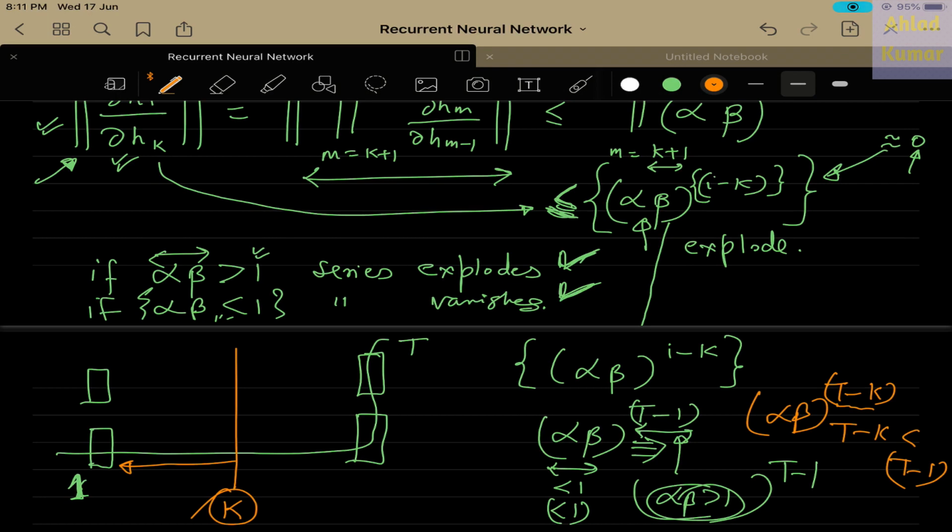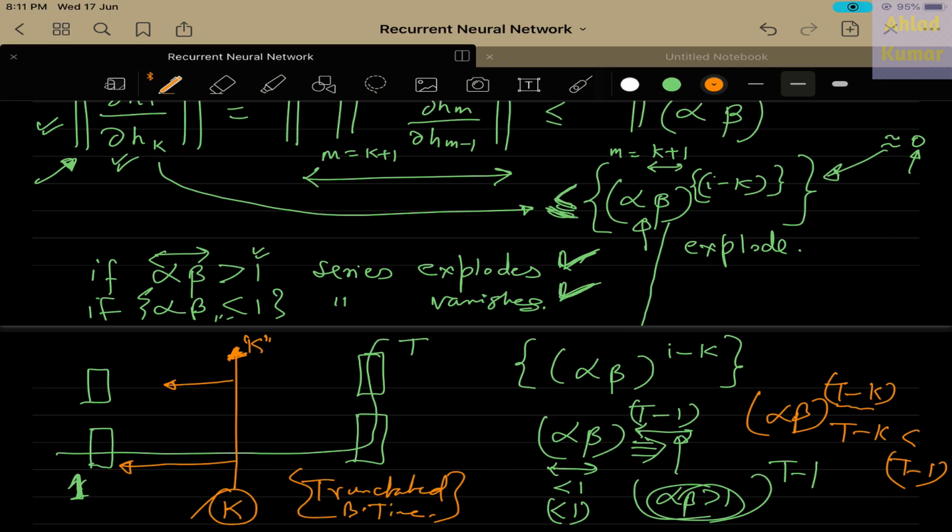This type of back propagation, where we decide this margin k beyond which we will not do the back propagation, is called truncated back propagation in time. So this is the first way of avoiding the problem of vanishing gradients.